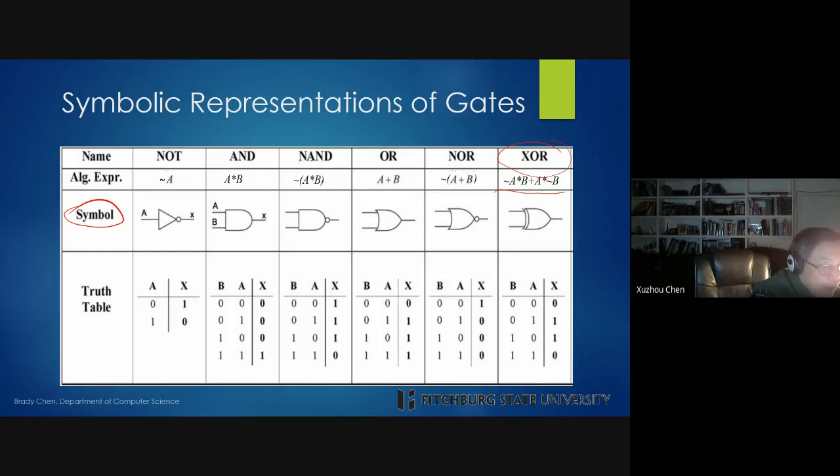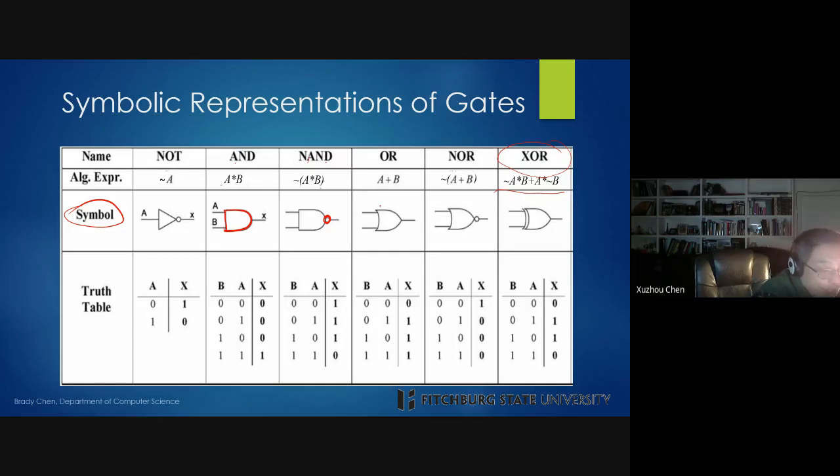So the only difference between NAND and AND is that it's the negation of the AND operation. Now, in terms of notation, we use this to represent the AND gate, and the NAND gate is the same as the AND gate, but there's a small circle over here.